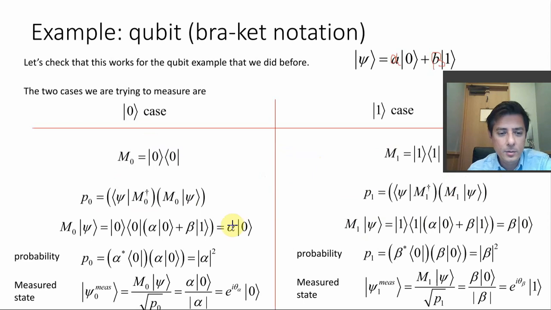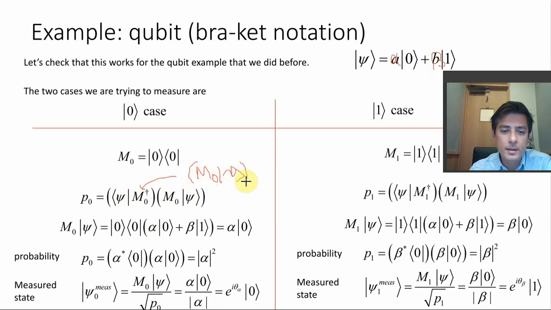But actually the easiest way is to note that this probability here, you can just write it like this. I just put brackets around here. And this is like m0 times the state vector. And this thing is actually just equal to the same thing on the right there.